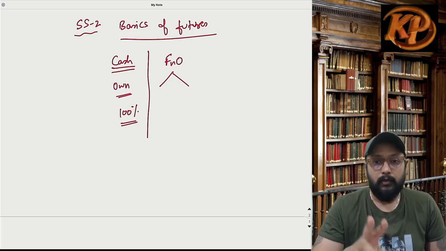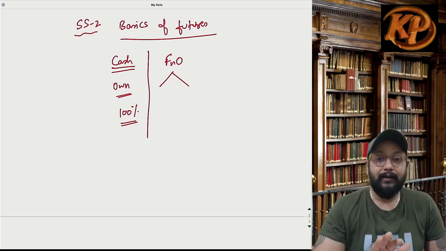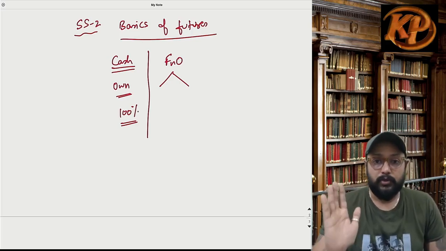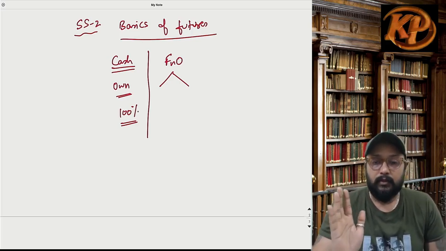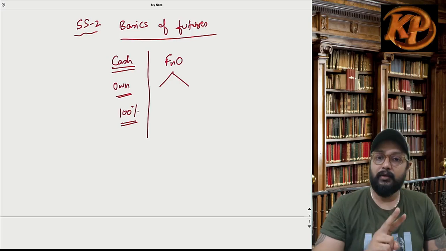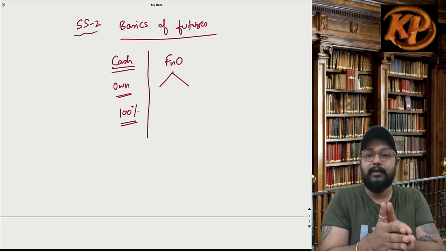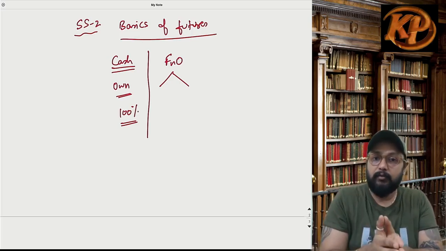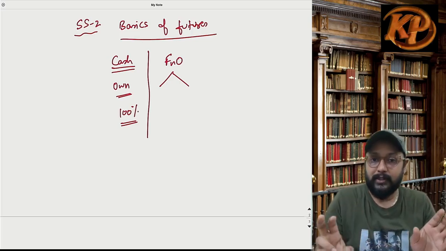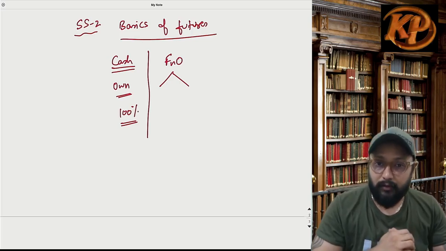First of all, right now we are not understanding why we trade in futures and options. Right now that is not the purpose. Study session 2 and study session 3 is independently understanding FNO segment के अंदर futures क्या है, options क्या है. That is the whole objective right now.